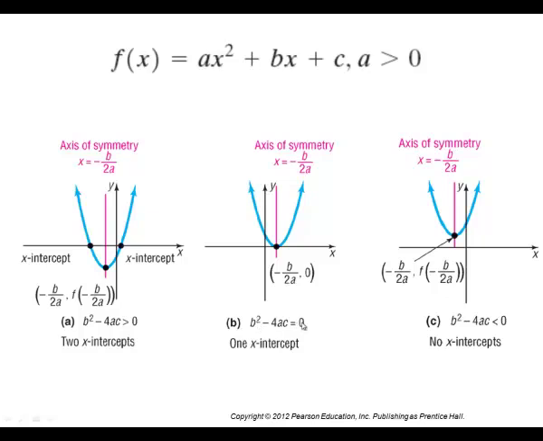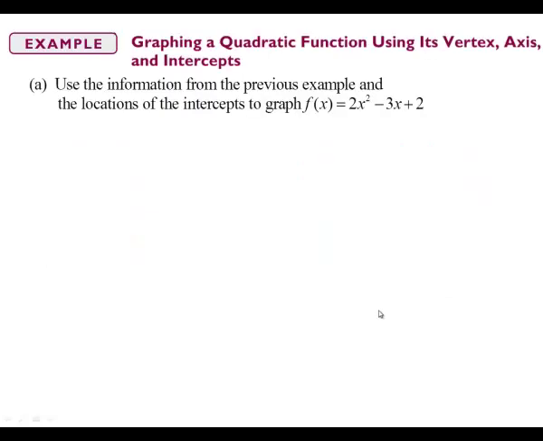If it's equal to 0, in other words, everything cancels out here, then there's only one. If the discriminant is less than 0, then there's no x-intercepts, because the parabola opens up and is above the x-axis.